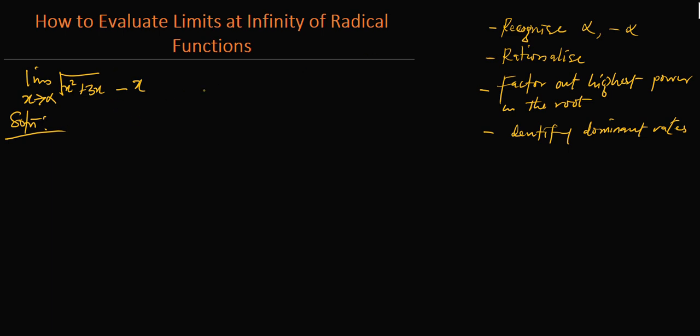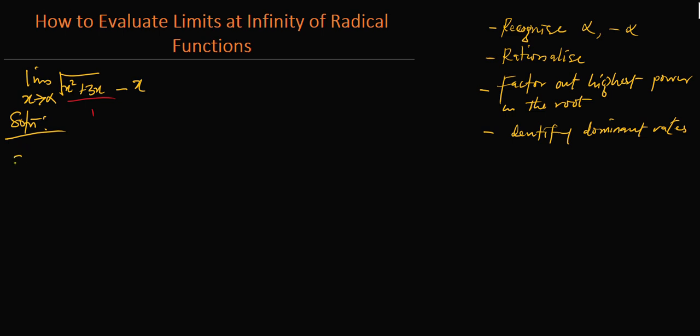Now, since it's the limit at infinity, we are going to rationalize, meaning we multiply both sides by the conjugate. Remember, this is exactly like 1 over 1, right? So we are going to multiply both sides by the conjugate.